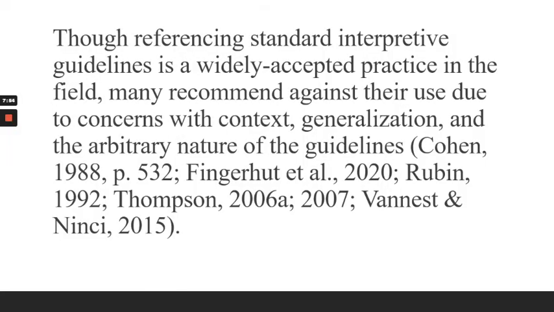It's also pretty widely recommended against. Although we see referencing standard interpretive guidelines as widely accepted practice in the field, there are many who recommend against their use due to concerns with context, generalization, and the arbitrary nature of the guidelines.